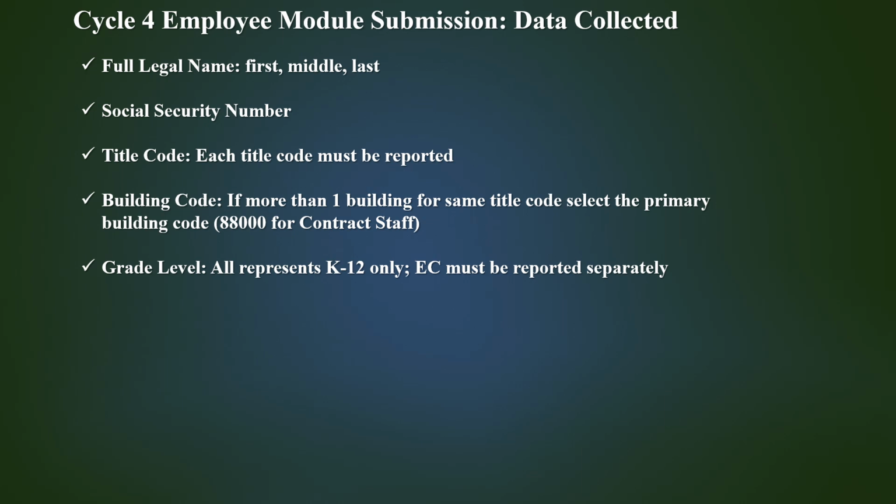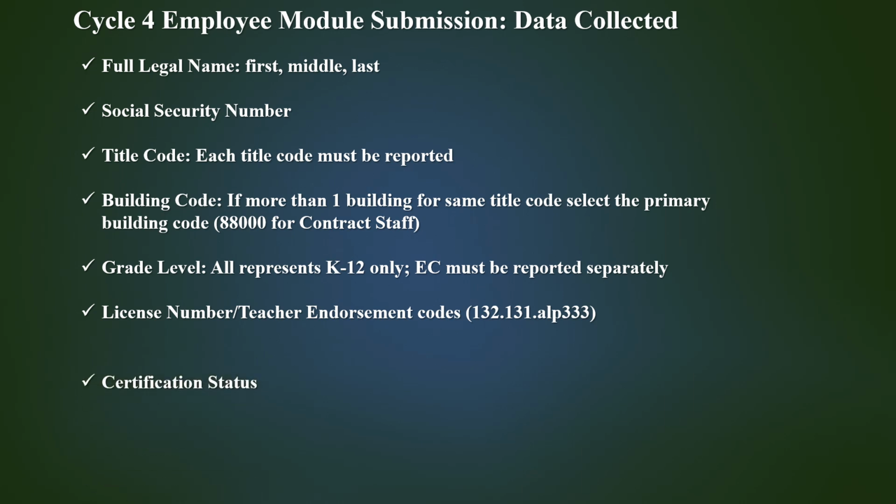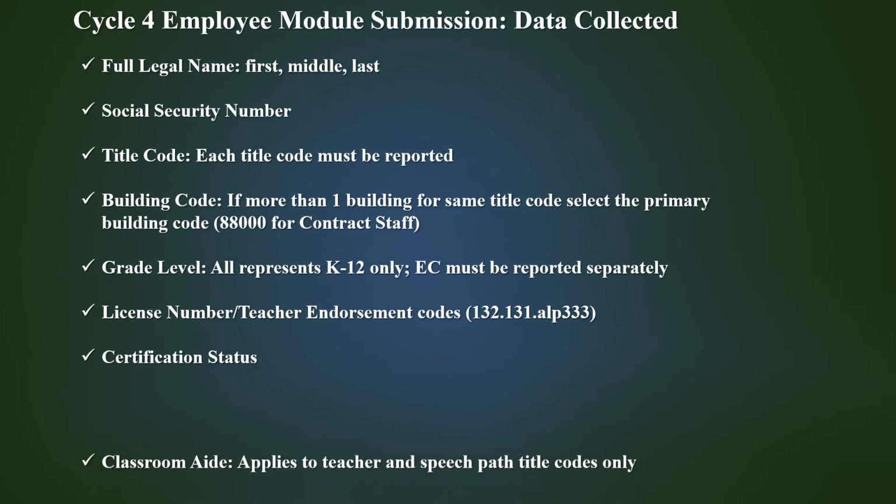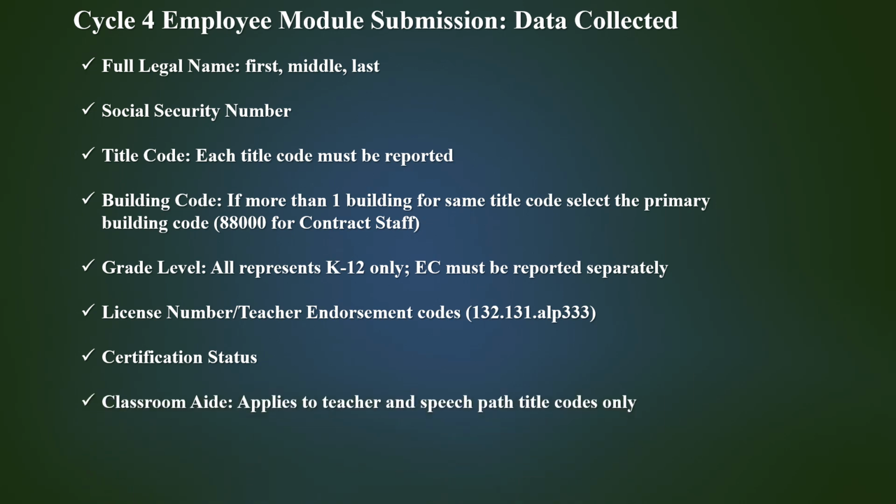Early childhood students must be reported separately. License number with teacher endorsement codes. Certification status. Classroom aid. It applies to the teacher and speech pathology title codes only. And lastly, to provide the FTE, which cannot be more than 1. Please make sure all of these areas of data are collected for Cycle 4.